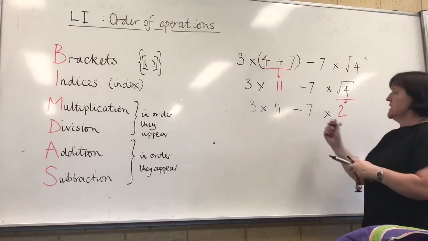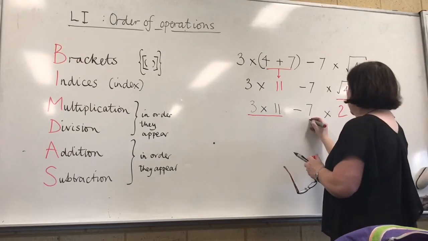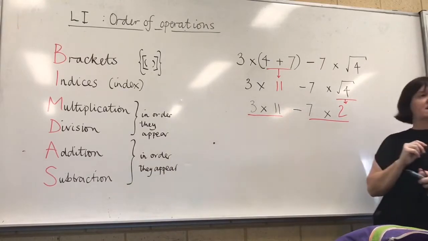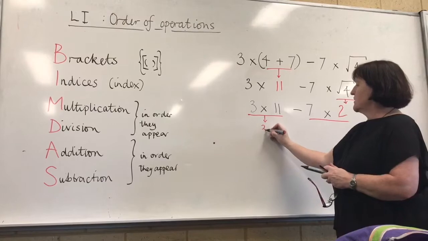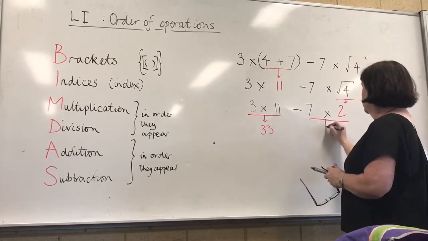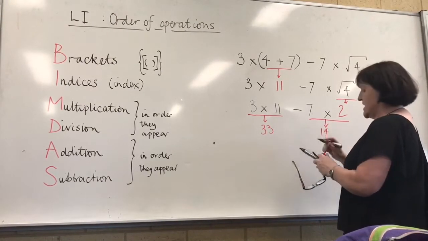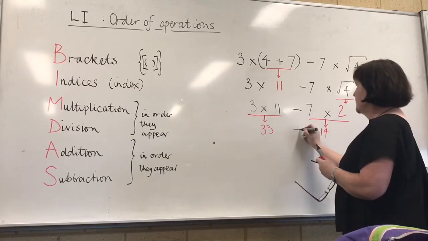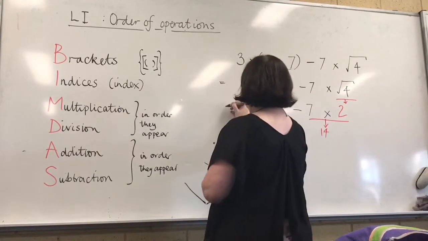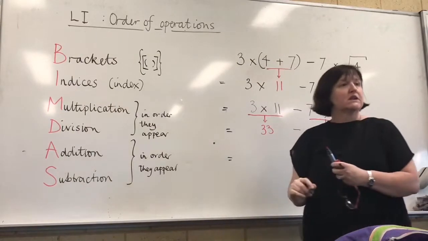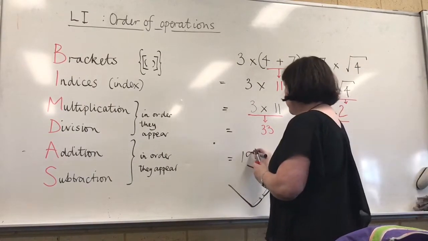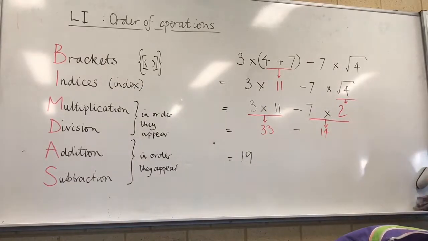Well done, yeah. So we do the 3 times 11 and the 7 times 2. 3 11s are 33. 7 2s are 14. We subtract that, our answer is, what? 19. That's right, there we go.